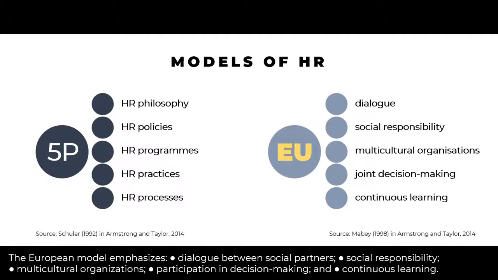In the 5P model, the HR has an operational statement, provides policies, shapes programs, carries out practices such as learning and development, and has formal processes to put their plans into effect. The European model emphasizes dialogue between social partners, social responsibility, multicultural organizations, participation in decision-making, and continuous learning.